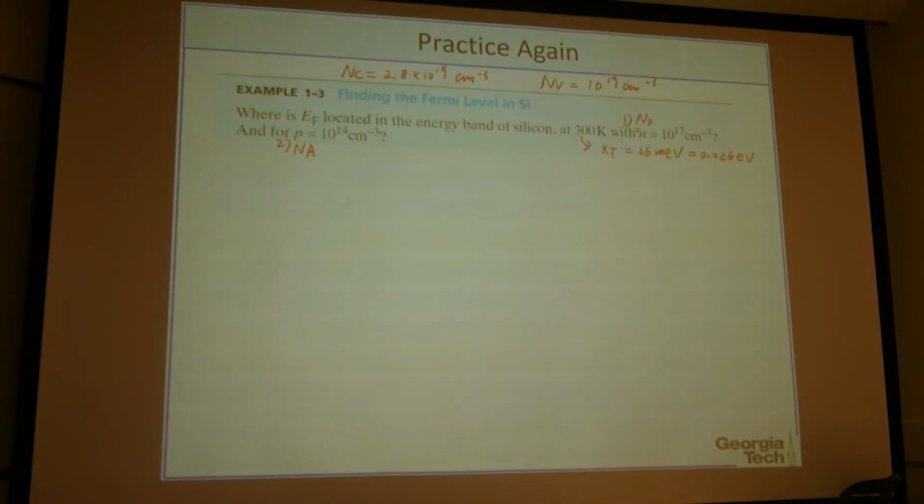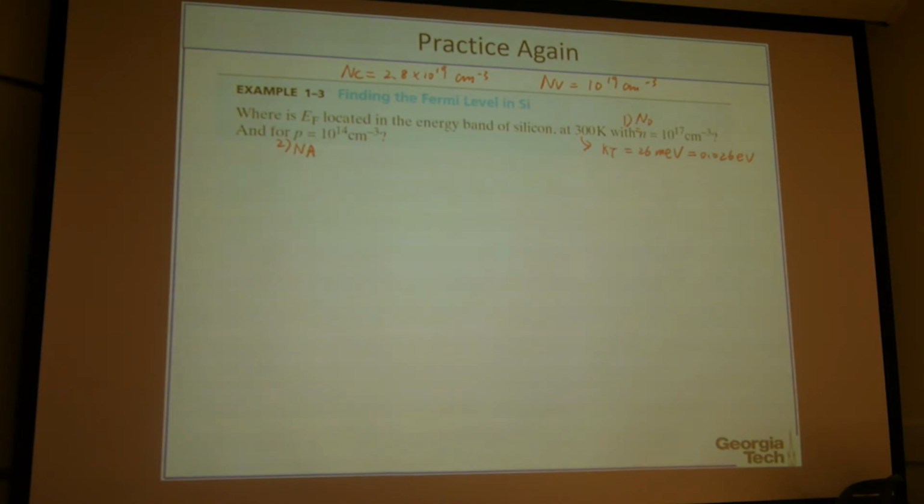So anyone get the number for the first one? So in the unit of eV, EF minus EV is 0.984. 1.984.